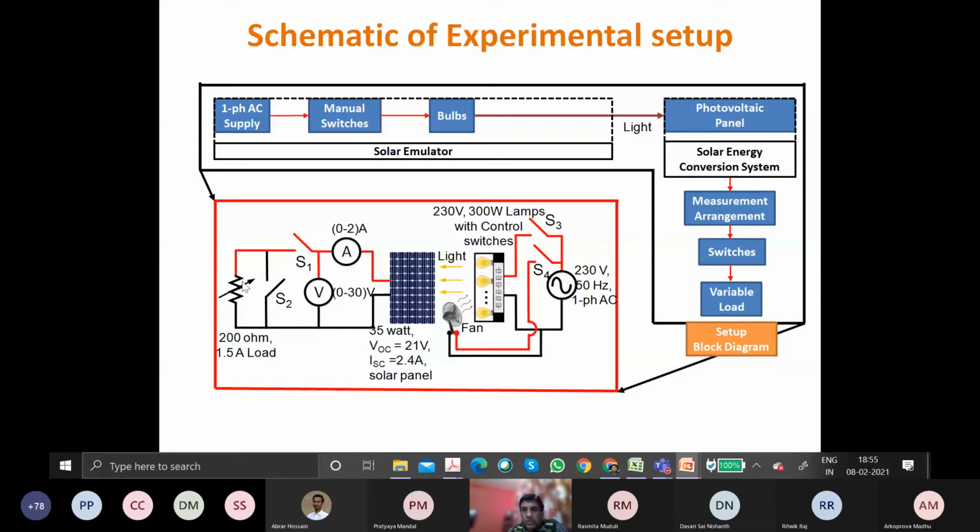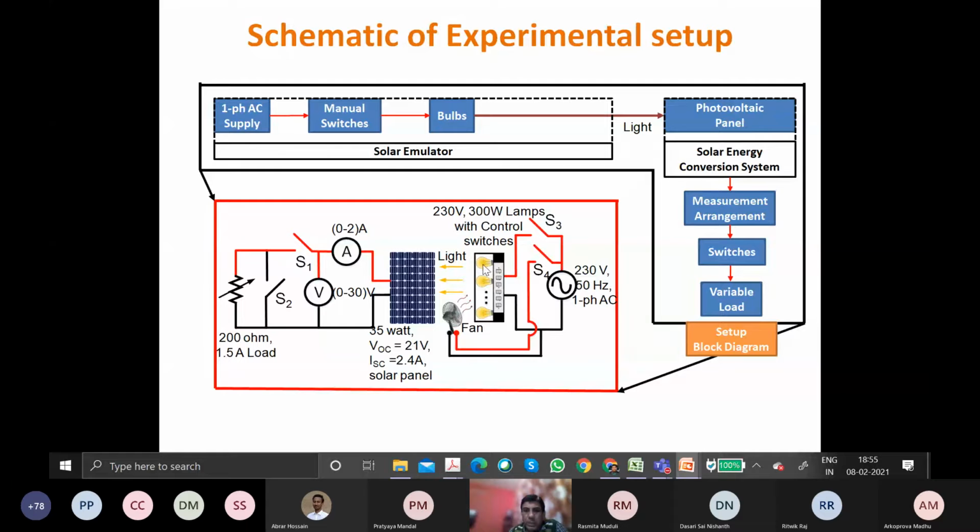So this diagram is zoomed here. If you see, from the switches S1, S2 which are connected across the load, then voltmeter, ammeter, then there is a panel, and the panel is 35 watt, 20 volt open circuit voltage, 2.4 ampere short circuit current, and we have this assembly of all these lamps.